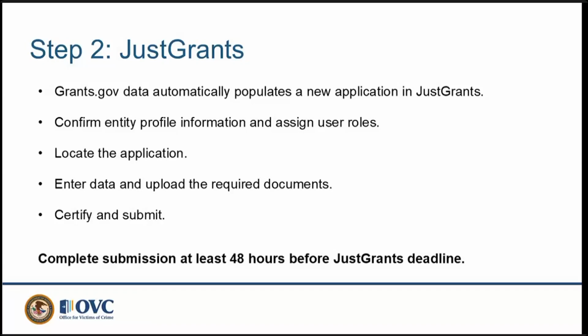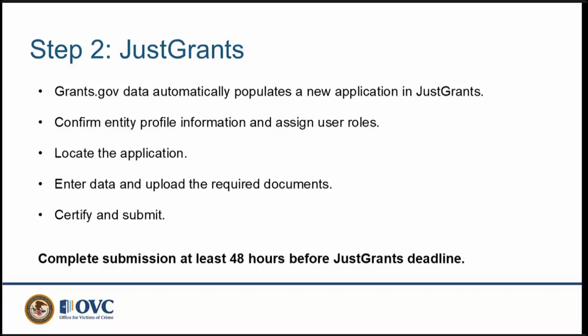Follow the JustGrants prompts and complete all required fields marked with an asterisk. Upload all required documents. Once all documents are uploaded and all data is entered, complete a read-only review of the full application and select the Check for Errors button to confirm that all required fields are completed.